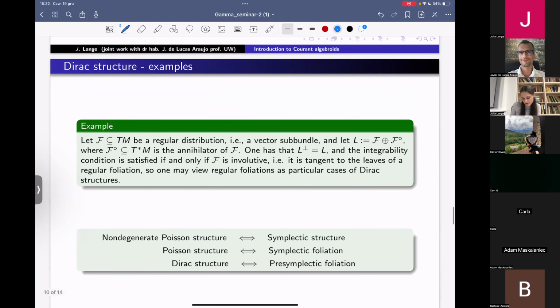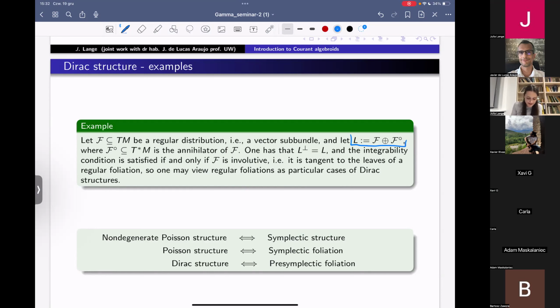Okay. Another example would be considering some regular distribution in Tm. And we would define the bundle L as just the direct sum of this regular distribution and its annihilator.